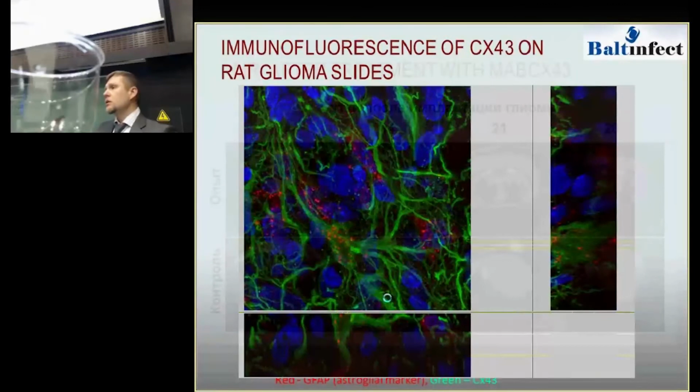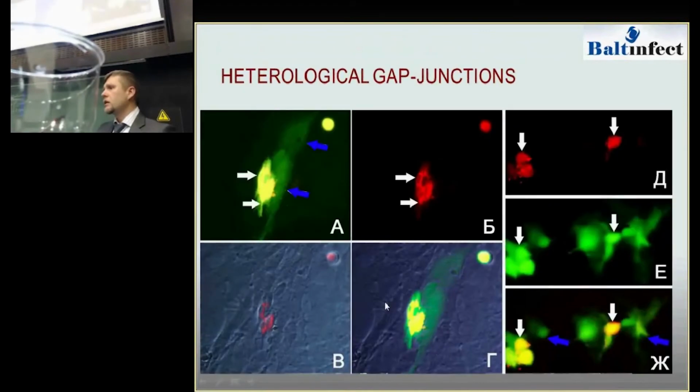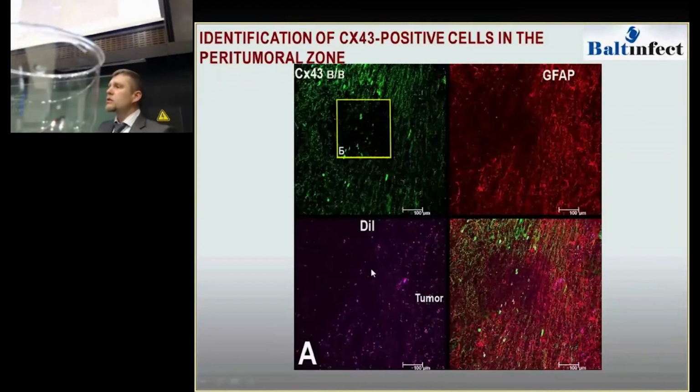And we demonstrated, oh sorry, I will come back to these slides. We demonstrated that those connexin 43 positive cells are glioma cells. So we labeled glioma cells before implantation using DI. We could see DI after 3 weeks post-implantation. And we injected our antibodies intravenously into the rat.